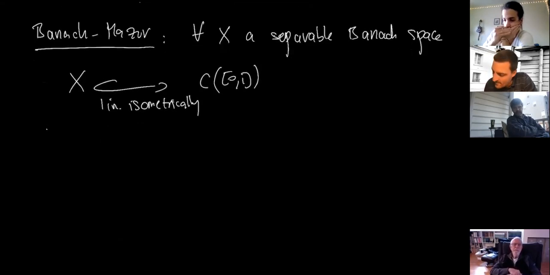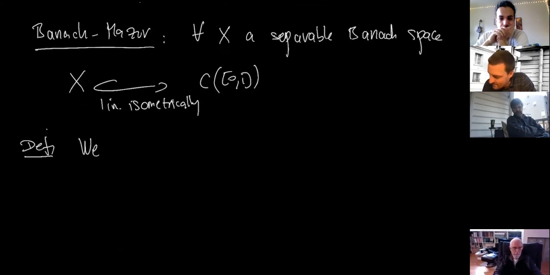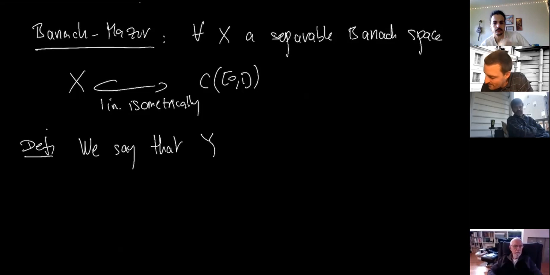Now, I'm not going to worry too much about being isometric; isomorphic would be fine. A space with this property will be said to be a universal Banach space. So we say that Y, let's say, is a Banach space, but it could be a metric space.